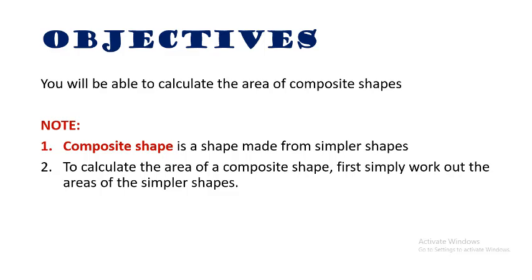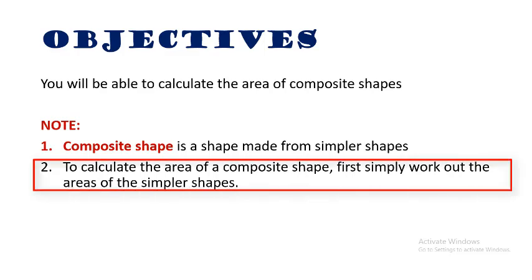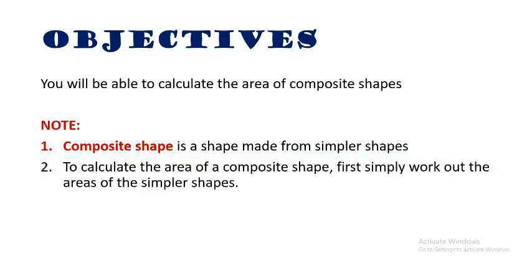Now, the second one, we need to know how to calculate the area of a composite shape. To calculate the area of a composite shape, first simply work out the areas of the simpler shapes.